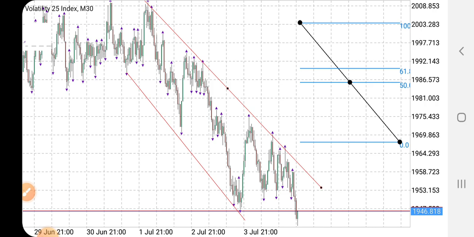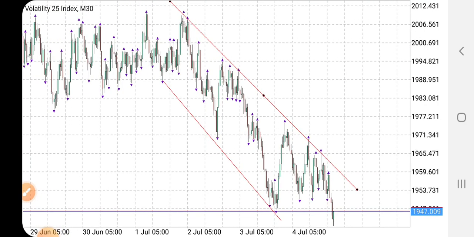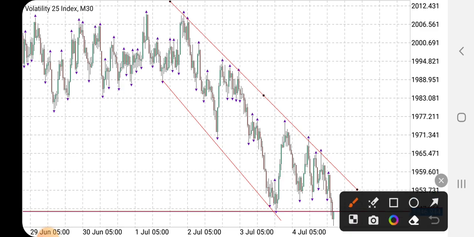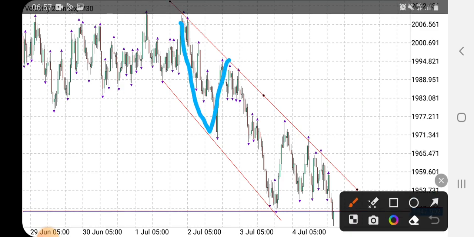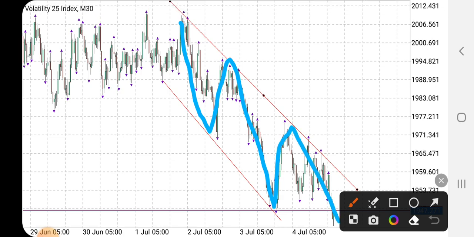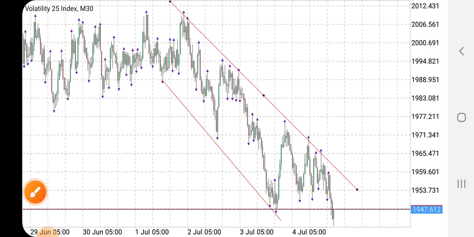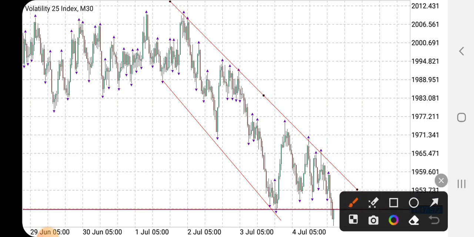Let's say you want to take a trade. You see the price pushing down, creating this higher high, higher low, higher high, higher low, and we are pushing. So definitely this is a downtrending market from the 30 minutes time frame perspective. Now when you have this, this is the high.